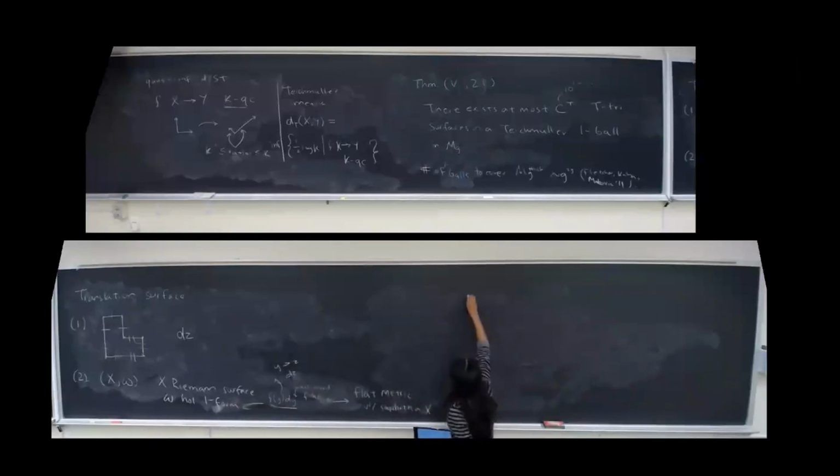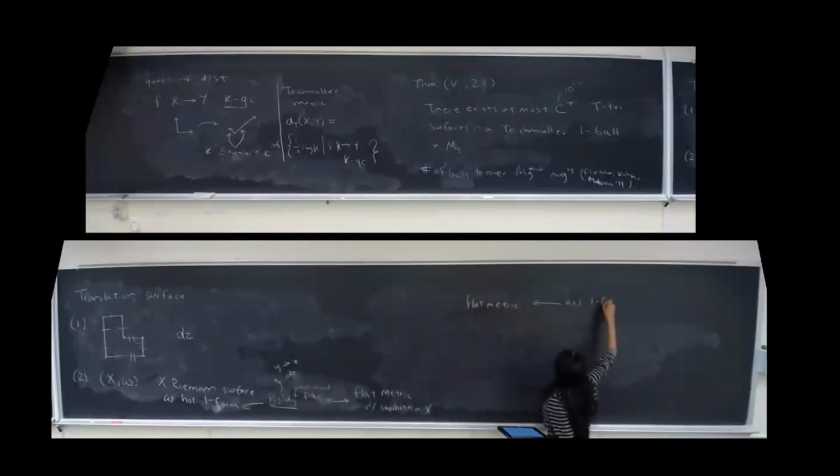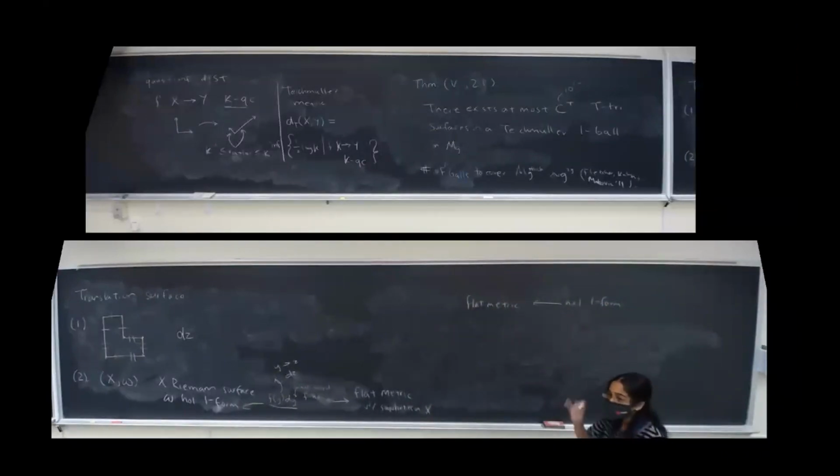What about the opposite? If you have a flat metric with singularities on a Riemann surface, it doesn't mean that it comes from a holomorphic one form. For instance, a triangulated surface gives you a canonical flat metric, just coming from the Euclidean structure on each of the unit equilateral triangles.